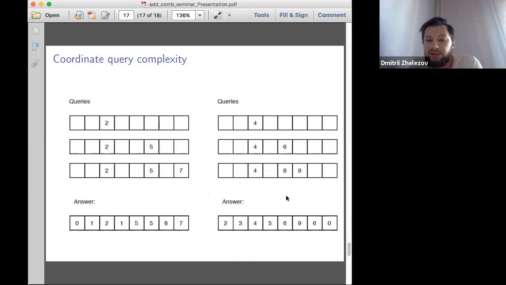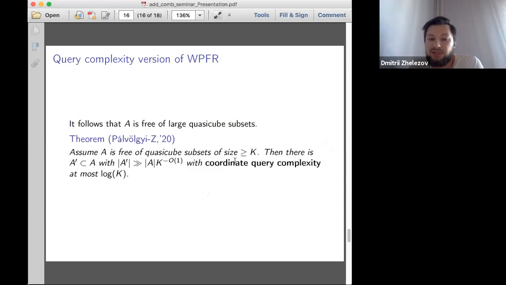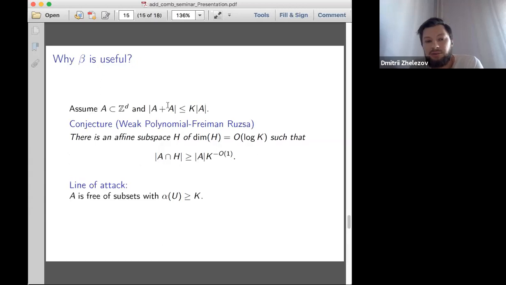And the coordinate query complexity is the maximal amount of queries that you need in order to get an answer in any case. So let us see how it actually compares to the weak polynomial Freiman-Ruzsa. Assume that it is true.